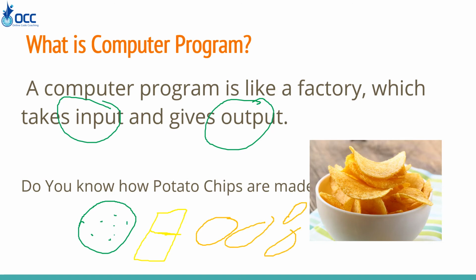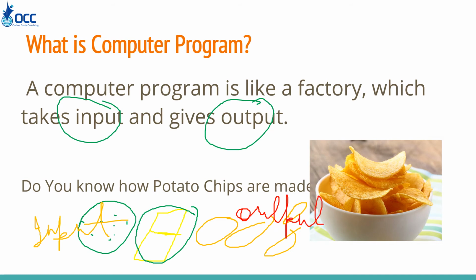So what is happening here? Potato is our input, and what are these chips called? The output. And this is the process that has happened. Okay. So what is a computer program? A computer program is something that takes the input, does the processing, and gives us the output. Okay.